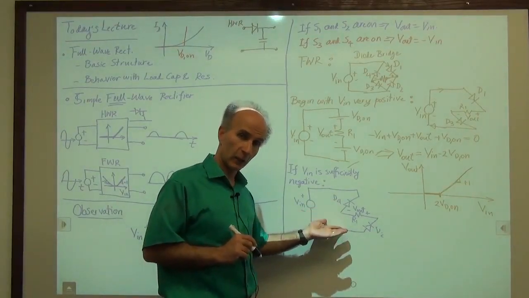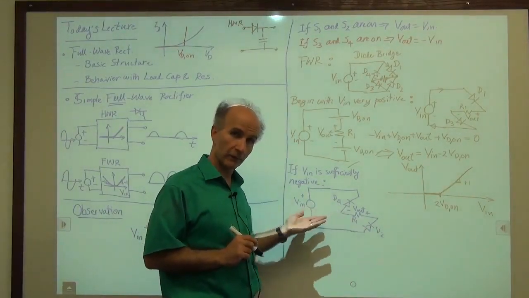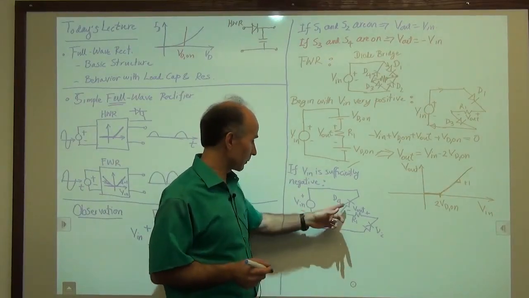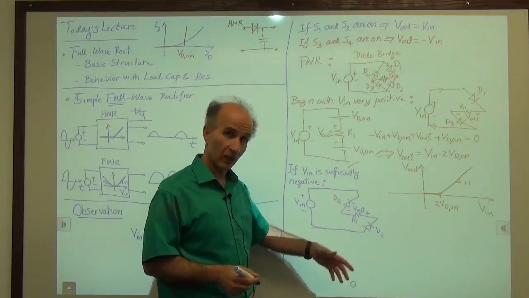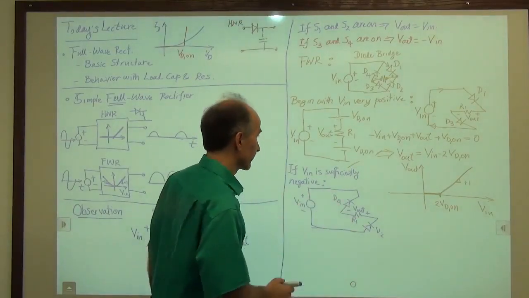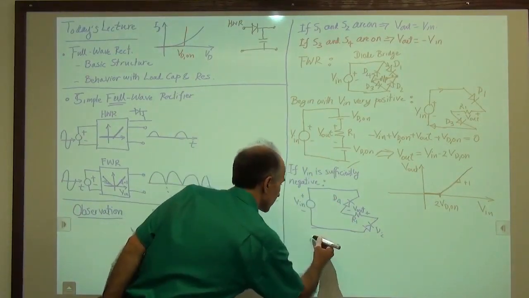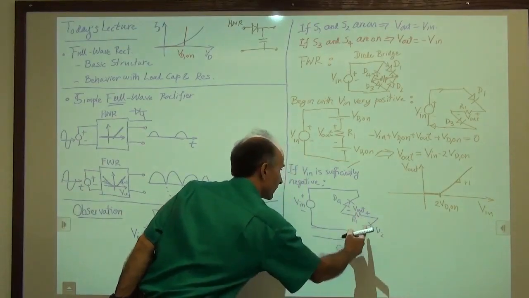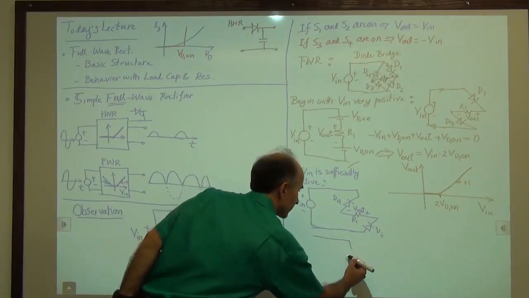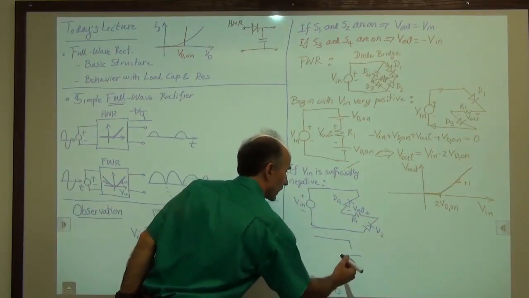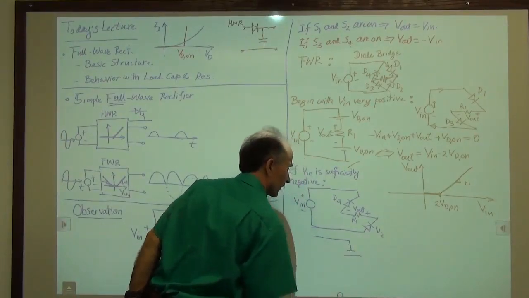So can we find an equation for V out in terms of V in? Sure. Again, we replace these with batteries of VD on, and then see what we get. So just like before, this is what we will have. We will have a battery for this guy. Because the anode is on this side, the positive side of the battery has to be on the lower end, and the negative side on the upper end.